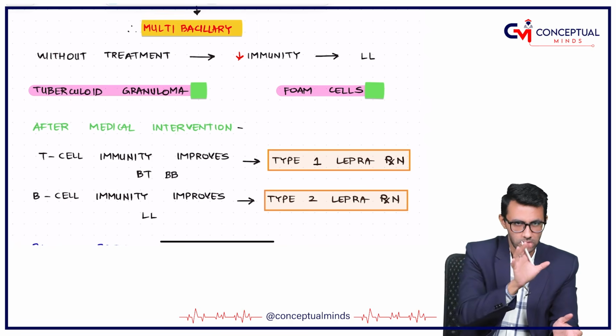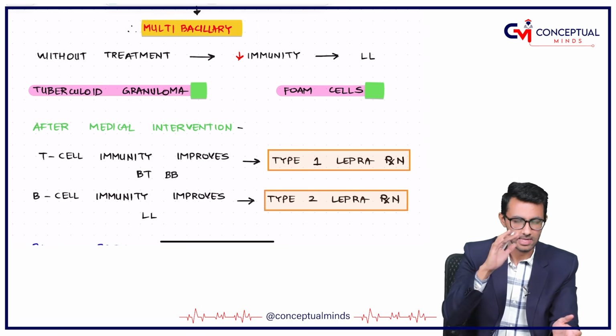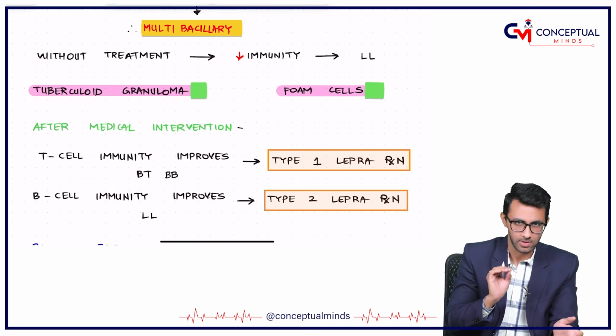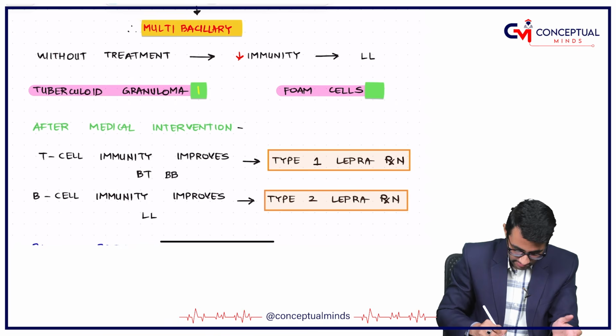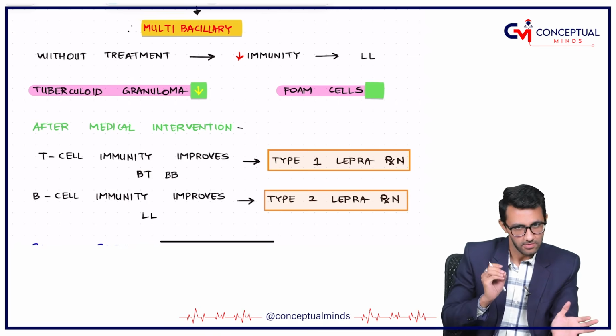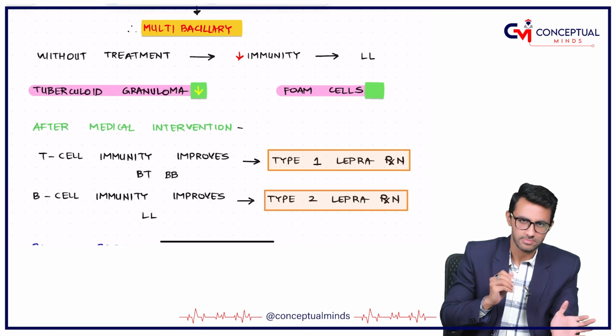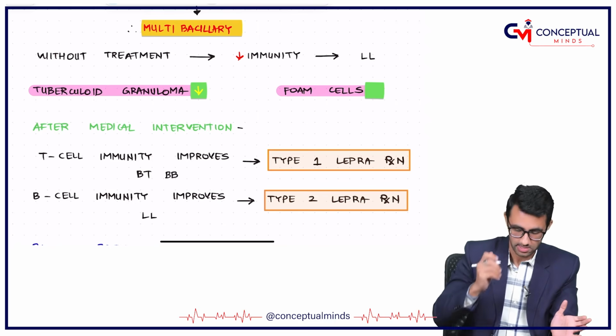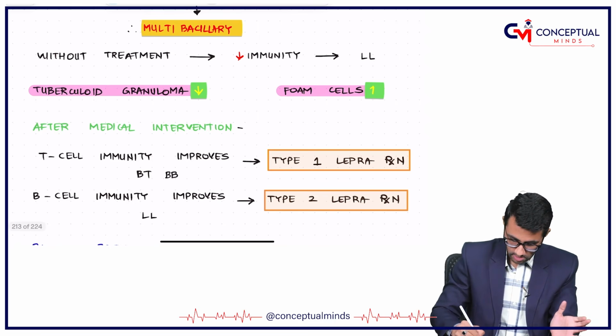What is going to happen to the tuberculoid granuloma? Will it increase or decrease? It would decrease. Why? We'll come to that. How about the foam cells? Foam cells would increase.